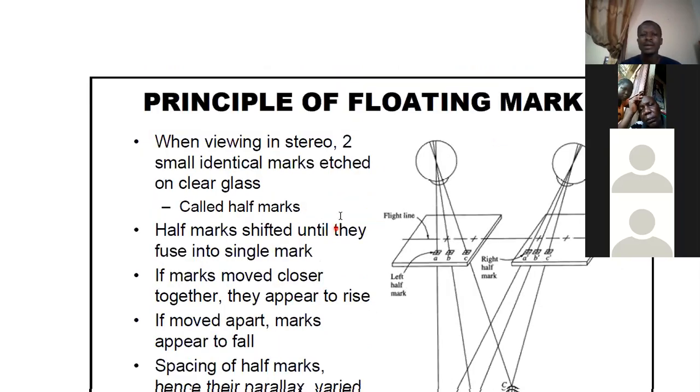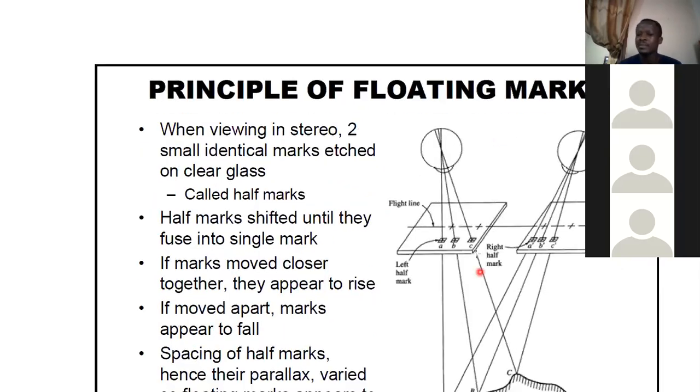I don't know if we talked about the principle of the floating mark. I think we did, or maybe in another class. The floating mark is a way of creating your own virtual object by drawing a mark, something like a cross, on a clear glass, and then putting it on an image, and then separating them.